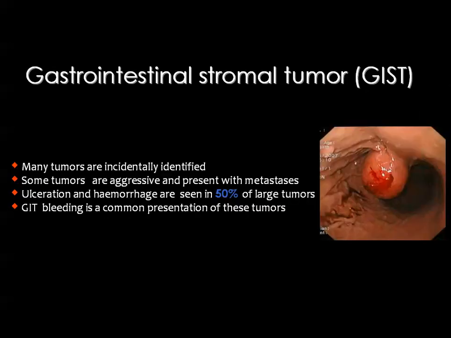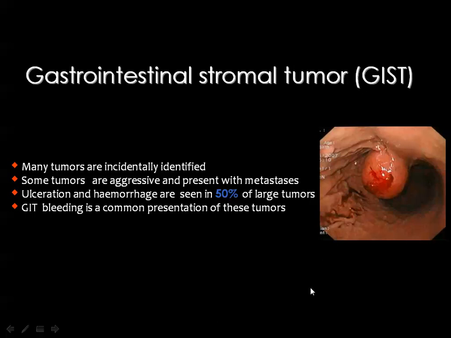These tumors are sometimes asymptomatic because they are small and do not cause a lot of symptoms, and may be discovered incidentally. But sometimes the tumor is aggressive and may present with metastasis.